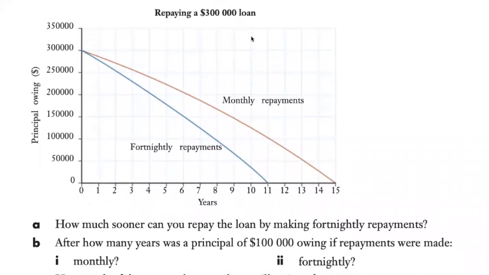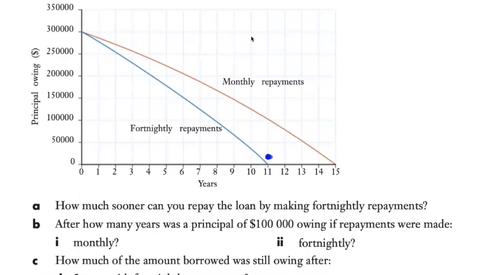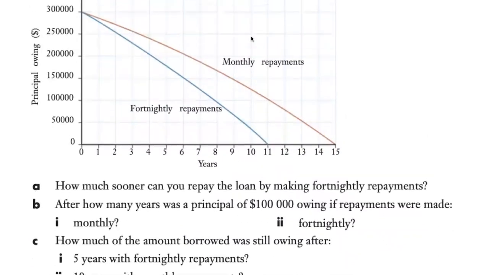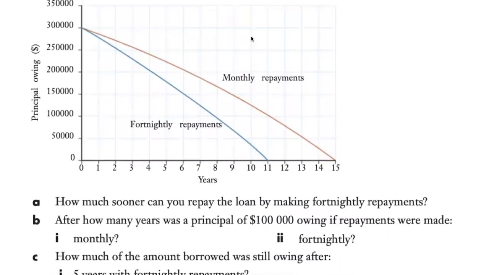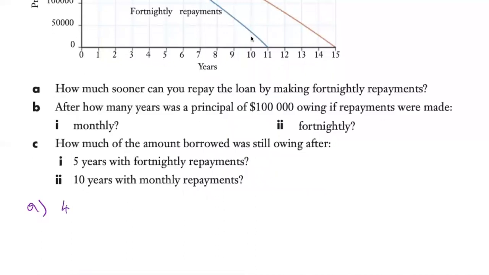The first question, part A, asks how much sooner you can repay the loan by making fortnightly repayments. To understand this, we can look at the difference in how quickly we repay in terms of time for monthly compared to fortnightly. It takes 15 years for monthly repayments, but 11 years for fortnightly repayments. So with fortnightly repayments, we can pay it off 4 years faster.